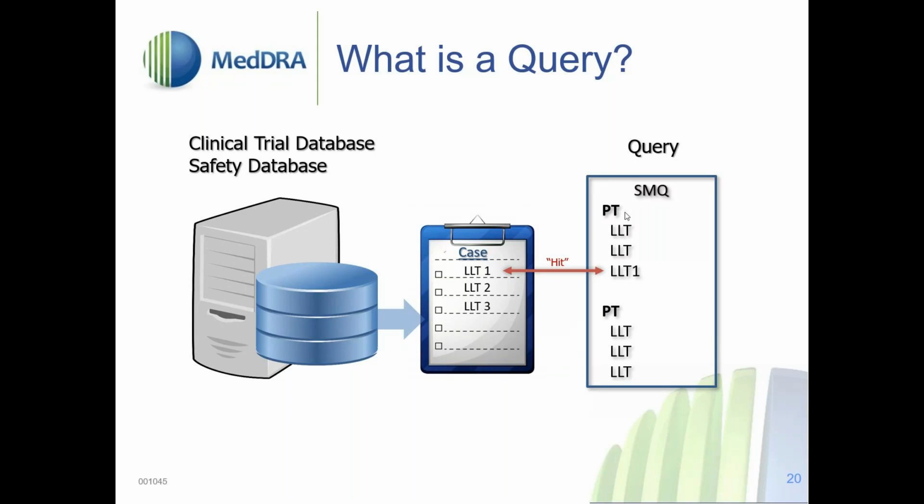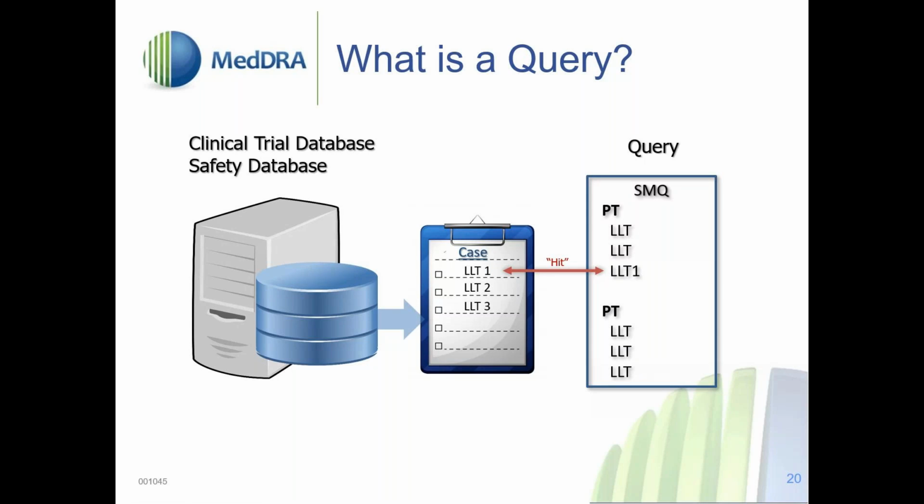So when running the query, a matching process takes place, which looks on the level which you decide upon. So here we say we are looking between the LLTs, and which matches the case with LLT1 to the LLT1 which the query looks for.